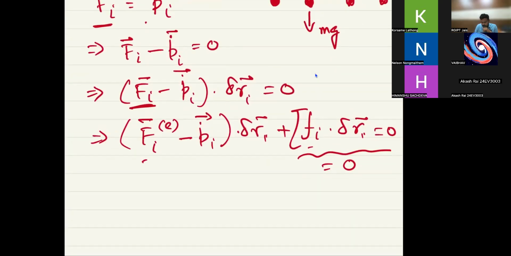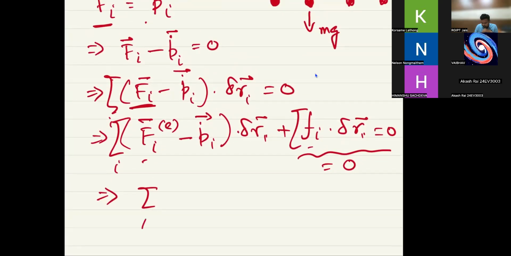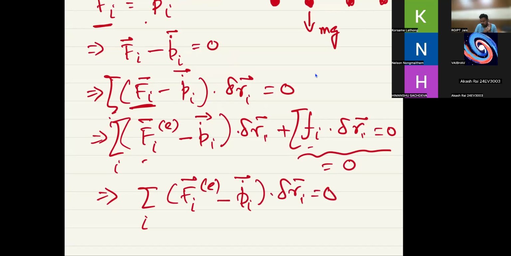So if we consider that these forces of constraint do not do any work, then we can write from this equation, here basically we are summing over all the particles. This is not for a single particle. So we can write again Fi^E minus Pi dot delta Ri, this is equal to 0.